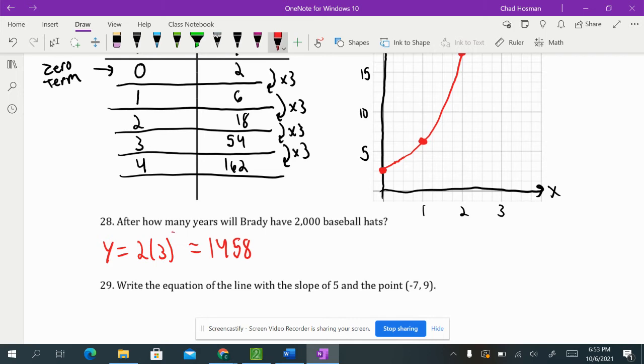So let's try 7 years, right? 7 years, he's going to have 4,374. So we know it'll take 7 years because that's how long it'll take to have over 2,000 baseball hats, right? 7 years. You can always use the table function in your graph in your calculator as well. It's kind of a shortcut for that.